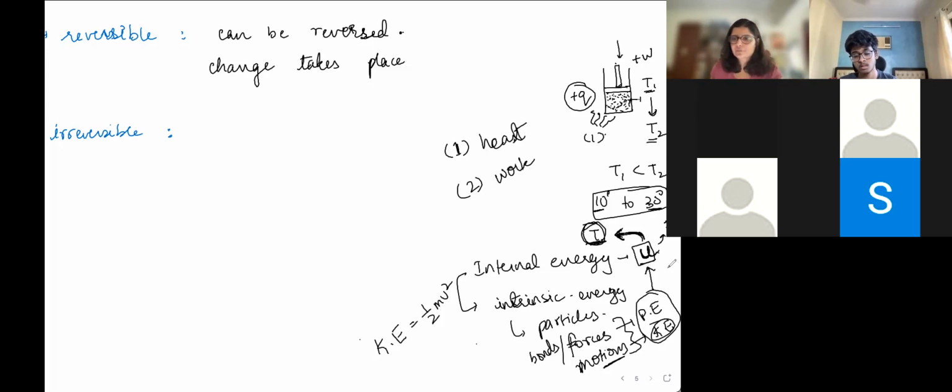Like it can be transformed. I need to source my energy from somewhere. So my two sources of energy, either I can do it by heating it, by giving it heat energy directly. So the heat energy gets converted to internal energy of the particles. Or I can do work on the system, like without involving any heat. So whatever work I do in the system, so that gets converted to internal energy.